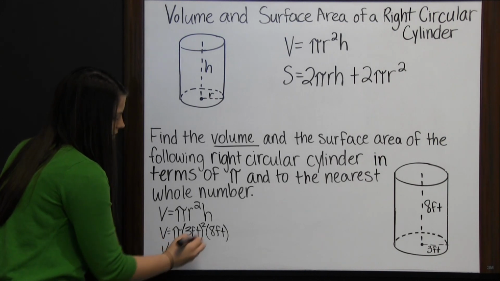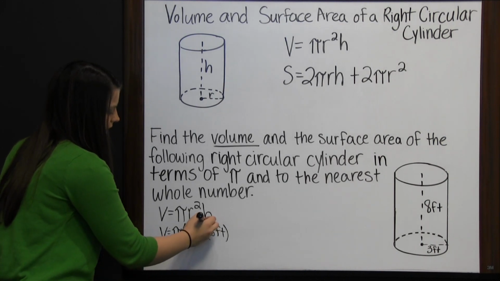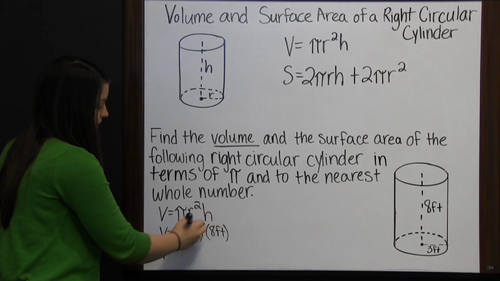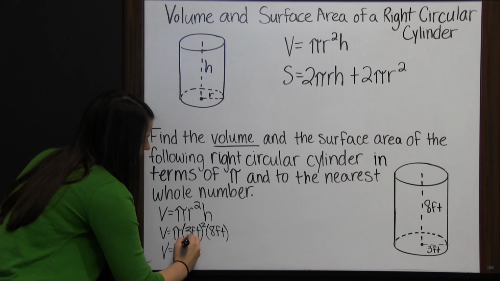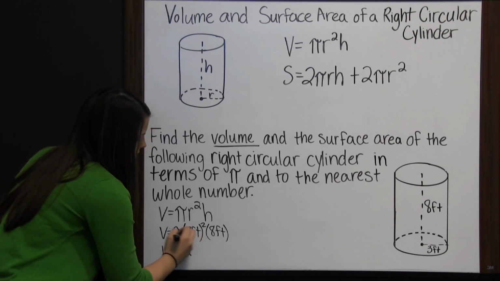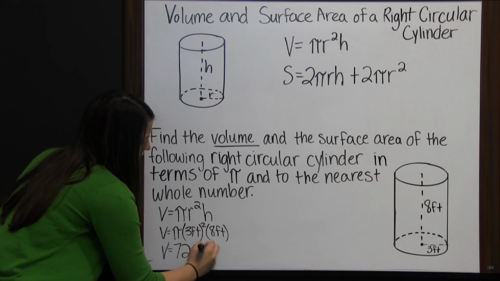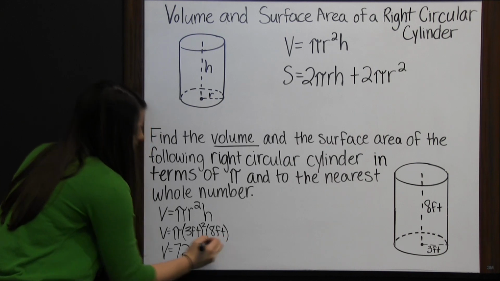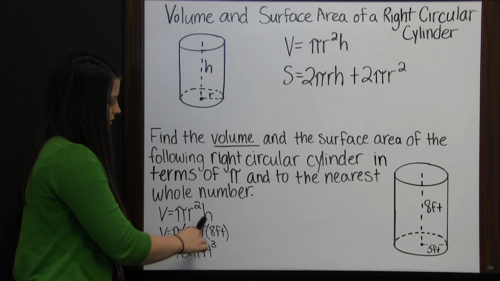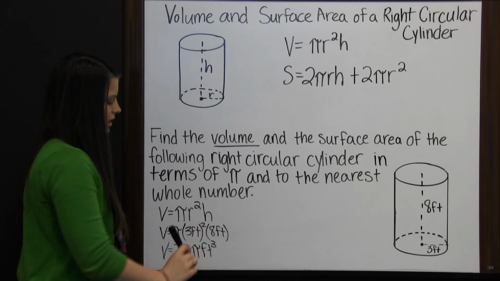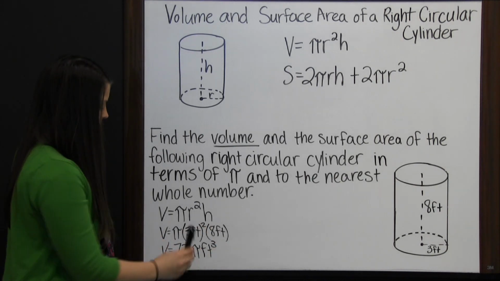So volume is 3 feet squared is 9. 9 feet squared times 8 feet is 72 pi feet cubed. And again, the feet cubed came from squaring feet squared here, and then times feet. Feet squared times feet, feet cubed.